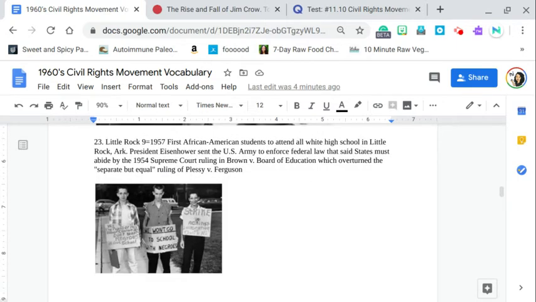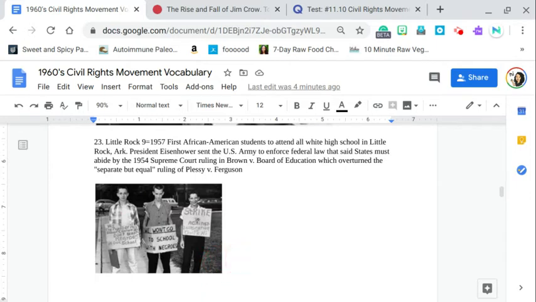So what happened when schools were desegregated? Well, you have the famous Little Rock Nine. There are lots of documentaries out. Basically, they were the first African American students to attend an all white school, and this was in Little Rock, Arkansas. It got so bad that the president had to send the military because there were all these protesters. They were whites who refused to go to school.